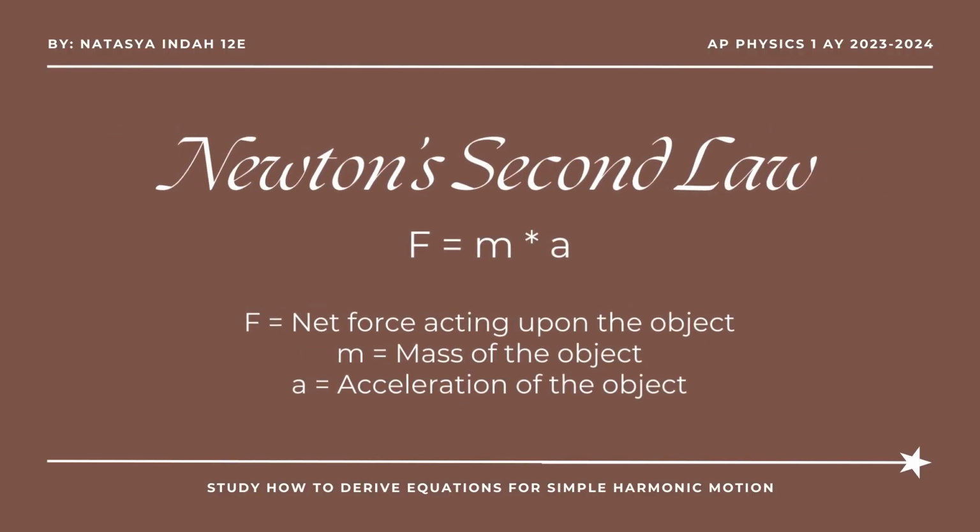Before we begin calculating to derive the equation itself, we use Newton's second law, where force is equal to mass times acceleration. Here, F is the net force acting upon the object, m is the mass of the object, and a is the acceleration of the object.